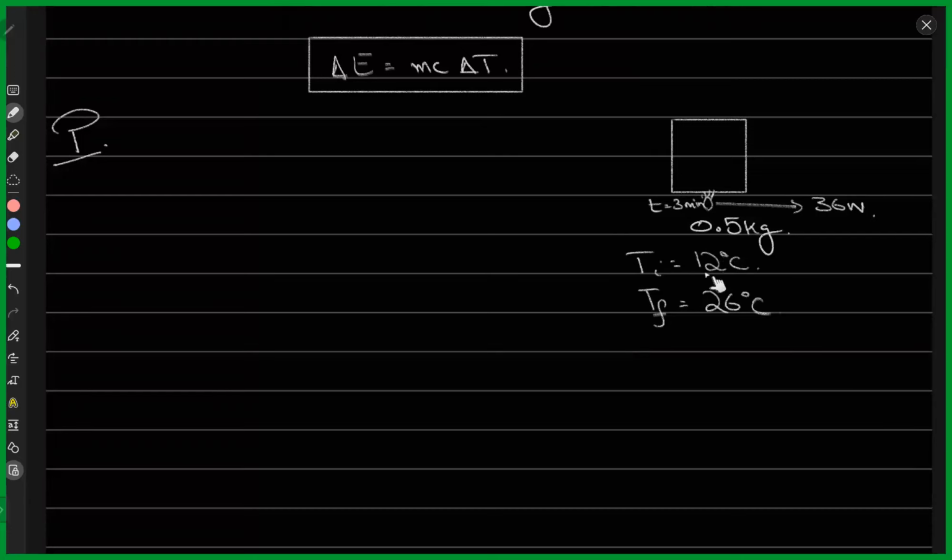You can see that a specific amount of temperature has risen, right? If I want to calculate this, it would be 26 minus 12, which is T_f minus T_i, and that's 14 degrees Celsius. So the temperature rise was 14 degrees Celsius. And we want to see how much energy I need to give this block to raise it by 1 degree Celsius.